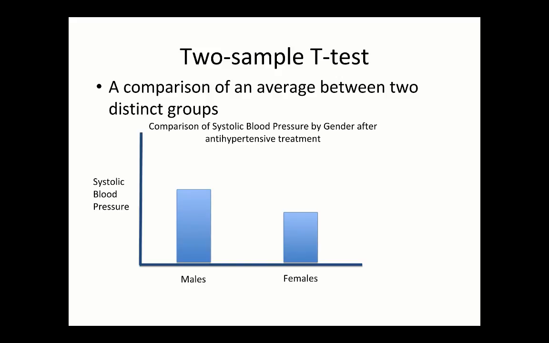An appropriate question may be, is there a difference in the observed average systolic blood pressure after antihypertensive treatment when comparing males and females? Next, we need to state our null and alternative hypotheses. What do you think the null hypothesis is?